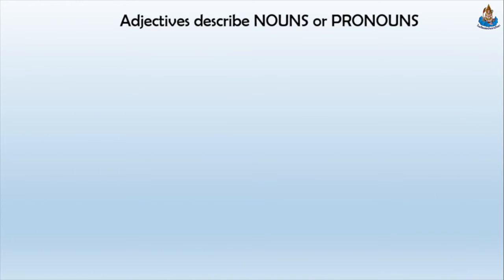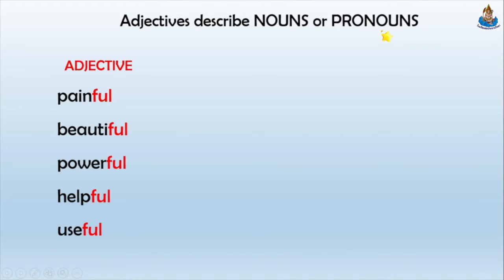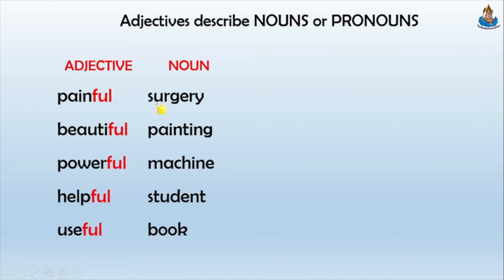Like we said earlier, adjectives are used to describe nouns or pronouns. So let's try to add some nouns to the following adjectives. So the word painful could describe the noun surgery. So we can say painful surgery. A beautiful painting.